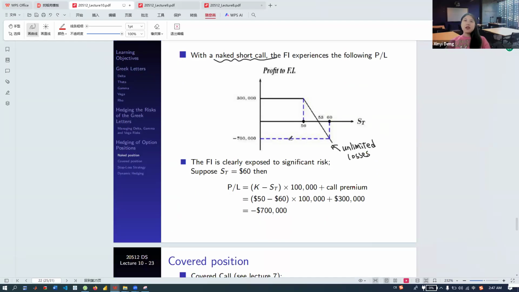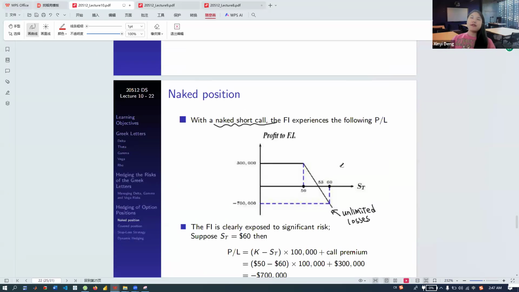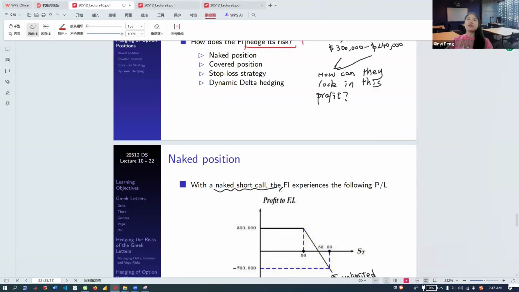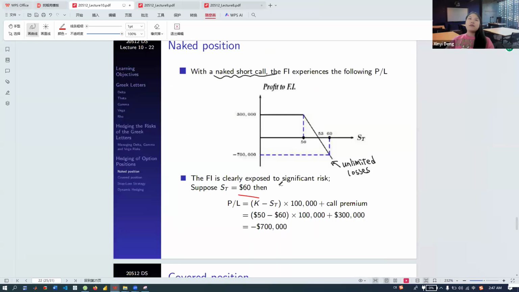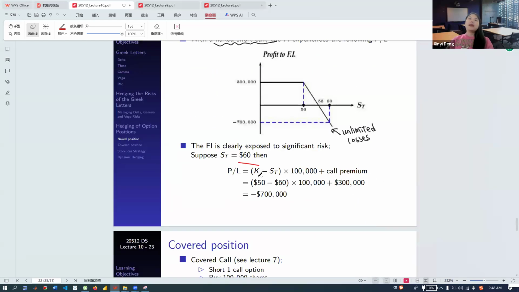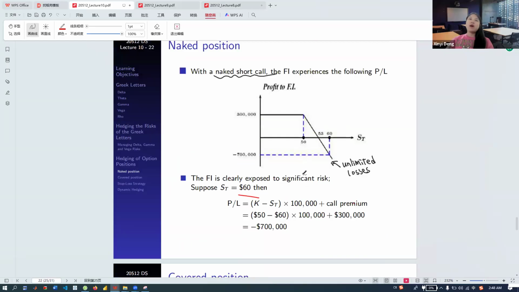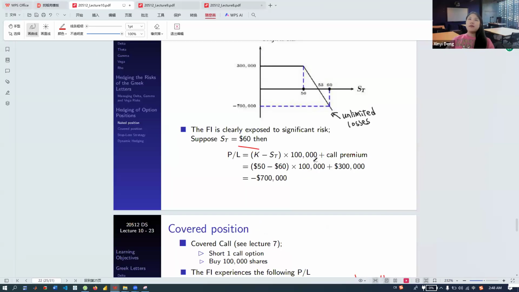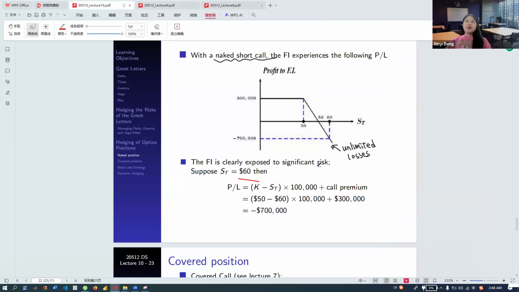Here we have a specific scenario where ST rises to 60. So we did the calculation associated with that. The payoff would be K minus ST times 100,000 shares, and you also add the call premium. Since you are shorting the call, you are receiving the call premium, right?